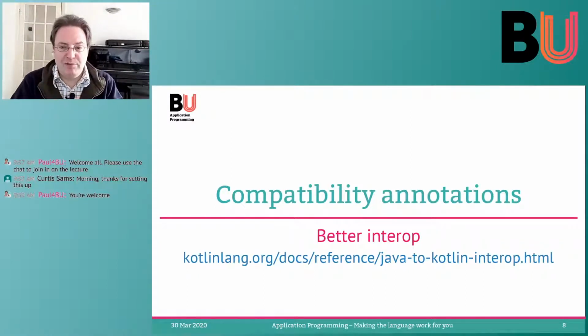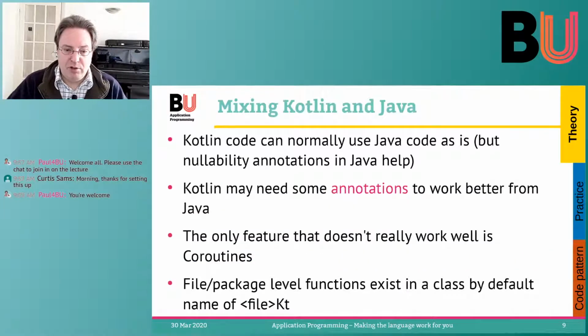Your user could be written entirely in Java and shouldn't need to care that you wrote your things in Kotlin. And you can do that with Kotlin with a tiny little bit of care. Kotlin code normally can be used as is, but there are some things to make it work better.